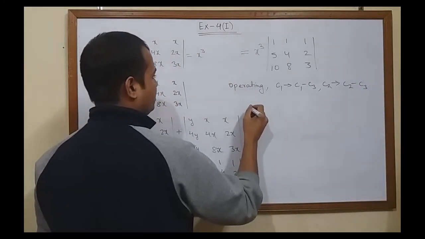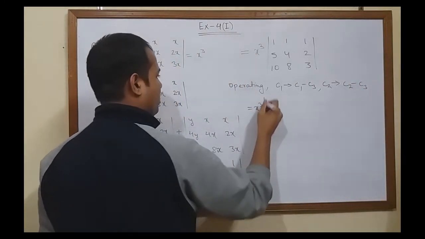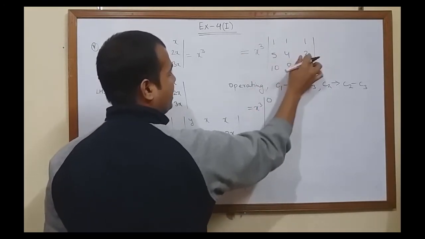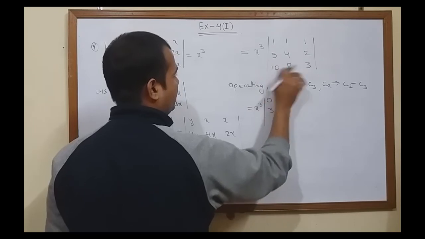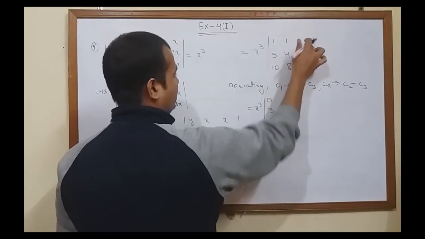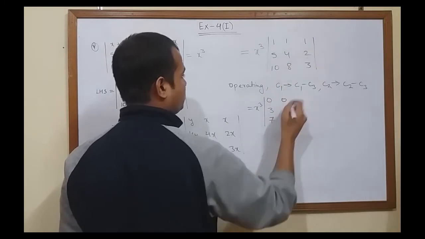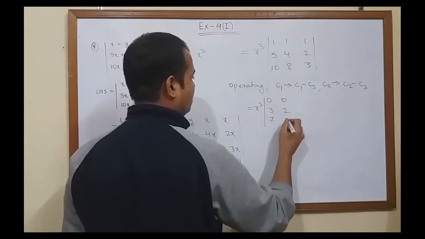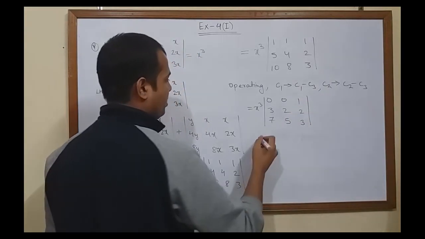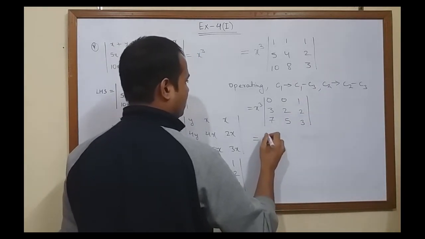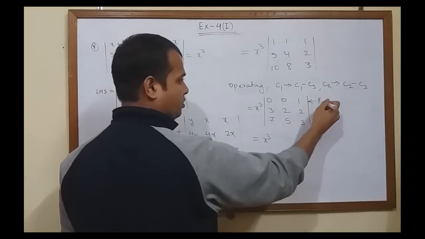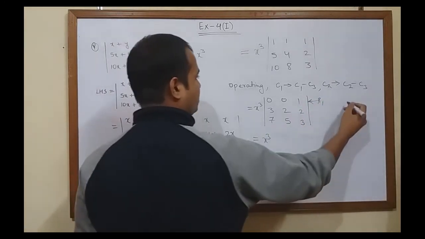So I am getting x cube, and here 1 minus 1 is 0, 5 minus 2 is 3, 10 minus 3 is 7. Then for the second, 1 minus 1 is 0, 4 minus 2 is 2, 8 minus 3 is 5, 1 2 3, done.